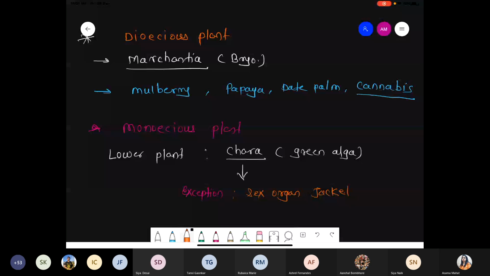Okay? Now we are selecting this part near the node. So we are selecting this part.